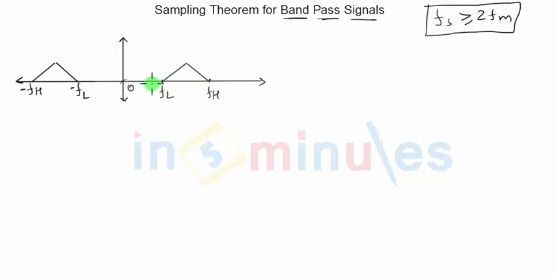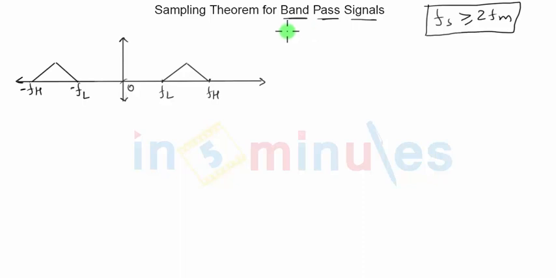In simple words, no low frequencies are present. The signal consists of frequencies in the range FL to FH, and because it consists of a band of frequencies between FL and FH, we call it a bandpass signal.